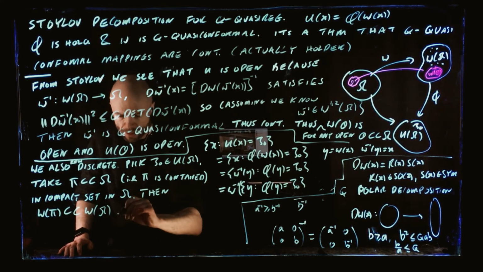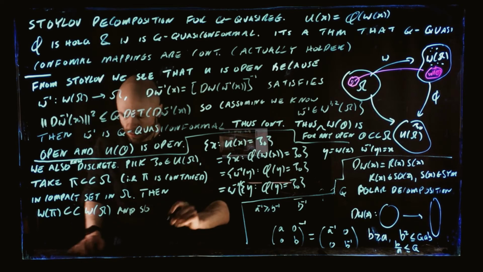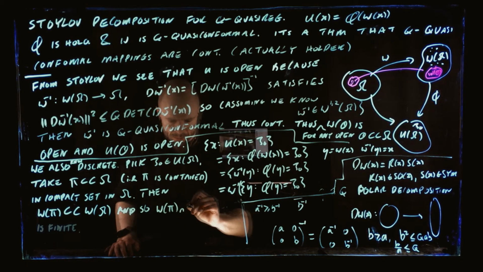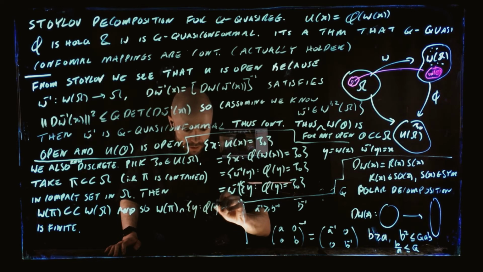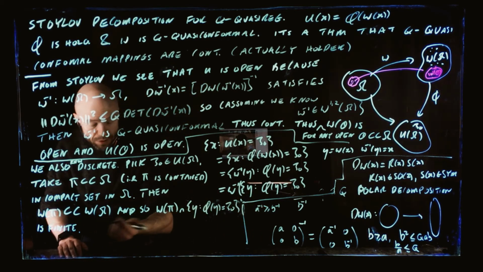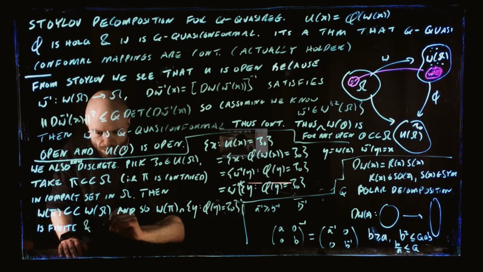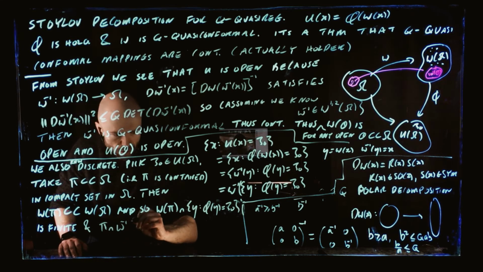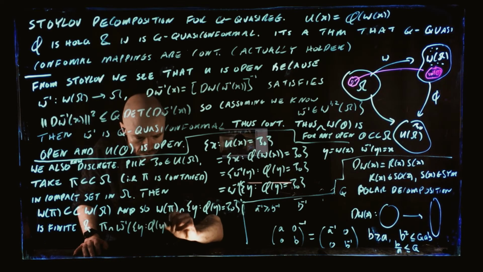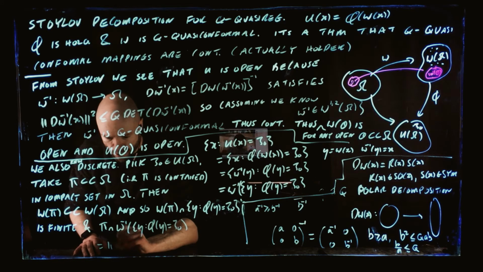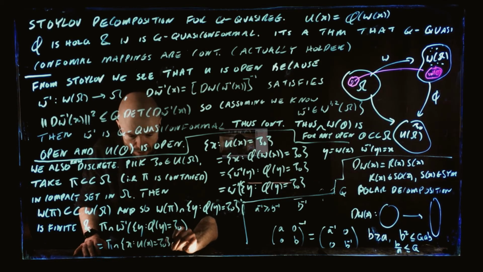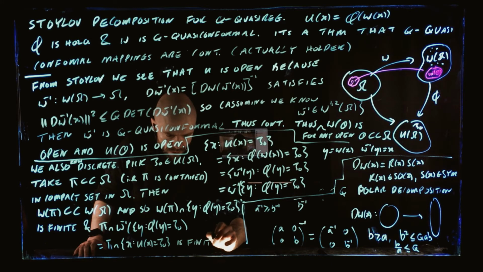And so W of pi intersect the set where phi equals zeta 0 is finite, and then we just pull it back, and therefore pi intersect W to the minus 1 of the set of y such that phi equals zeta 0, which is equal to pi intersect the set of x such that u of x equals zeta 0, is finite.